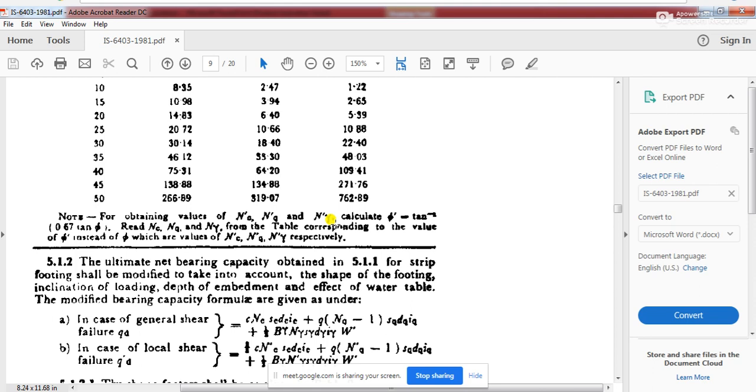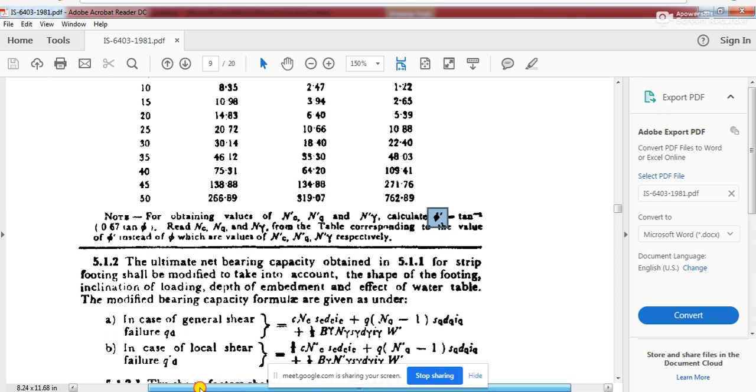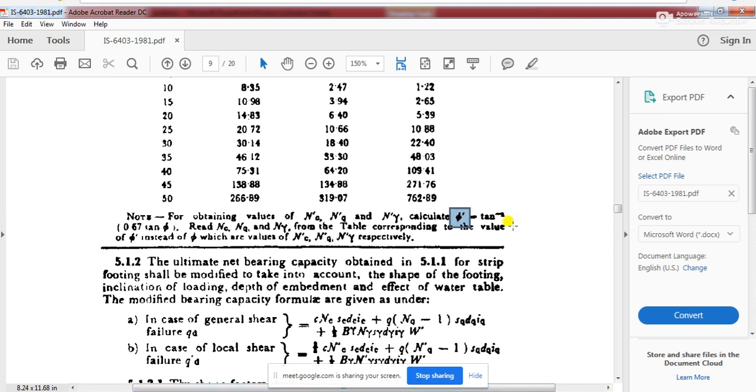These are nothing but the bearing capacity factor values for local shear failure. And once you want to find out for the local shear failure, you will have to find out the value of phi', and this phi' is nothing but tan inverse of 0.67 tan phi. What is 0.67? 0.67 is nothing but 2/3, so tan phi' equals 2/3 tan phi, right?